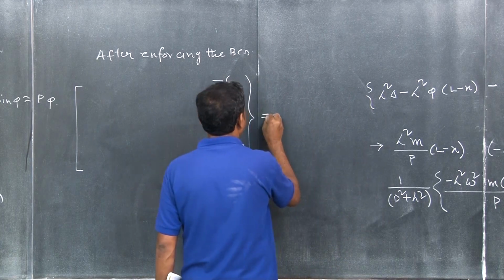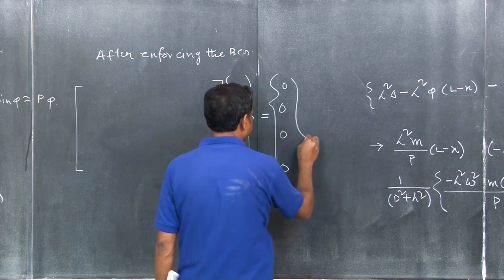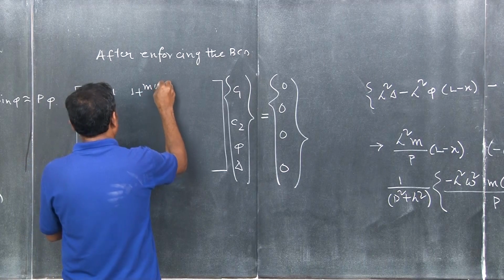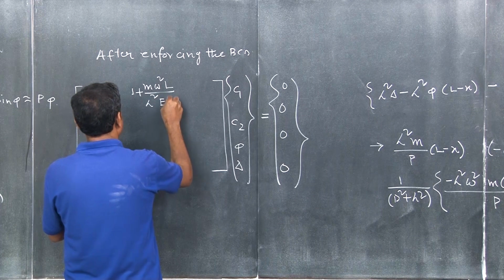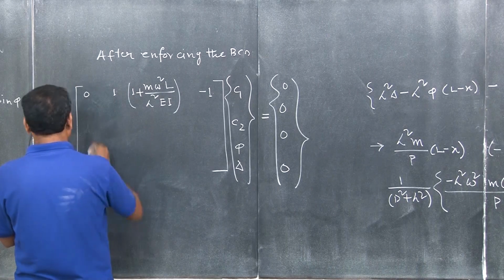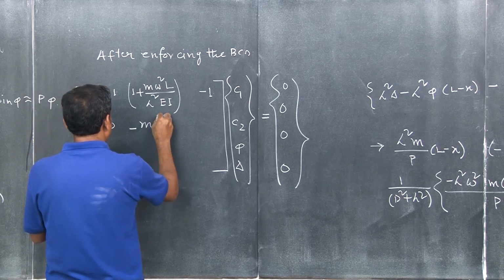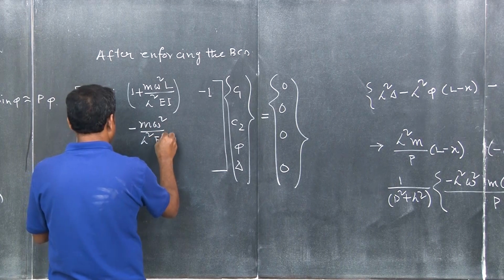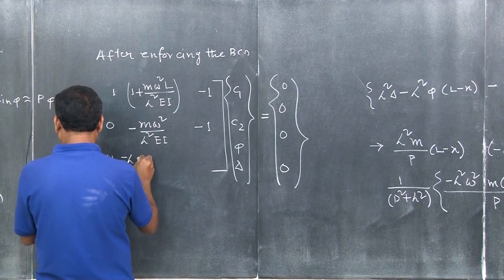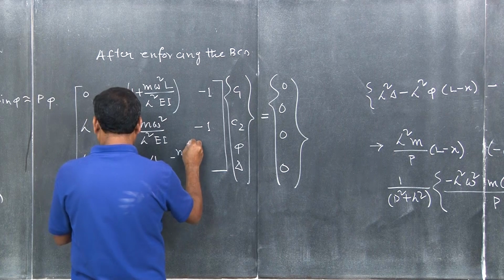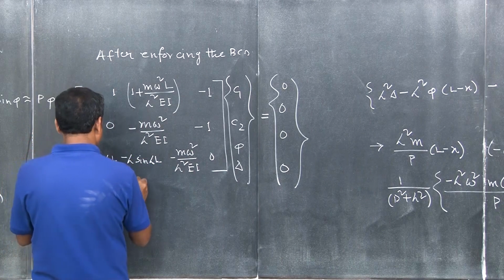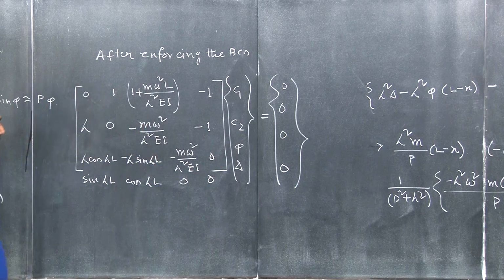So this is equal to 0, 0, 0, 0, and here let me write 0, 1, 1 plus m omega square L by lambda square EI, and this is minus 1, lambda, 0, minus m omega square by lambda square EI, minus 1, lambda cos lambda L, minus lambda sin lambda L, minus m omega square by lambda square EI, 0, cosine lambda L, cosine of lambda L, 0, 0. Okay, you see that this is a homogeneous system of equations.